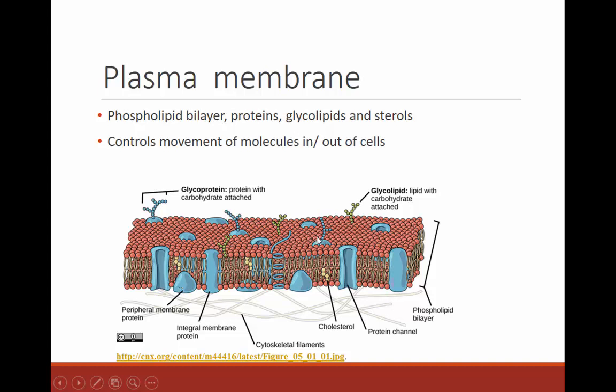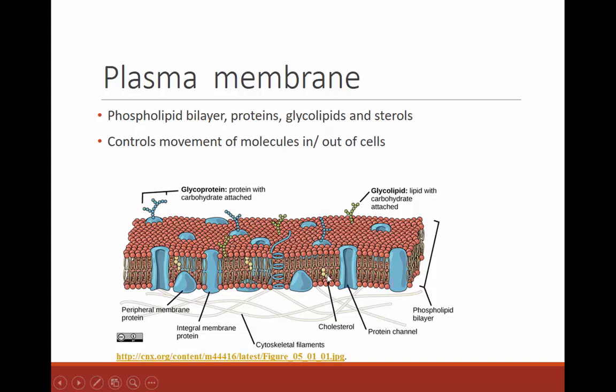And they can be anchors for other sorts of moieties on the outside. So it might be that you have a glycoprotein, so you've got a protein that's in the membrane, and then you've got glucose molecules attached, or lipids attached. So there's a lot of different constructs that identify the cell and help the cell with its activity as well.